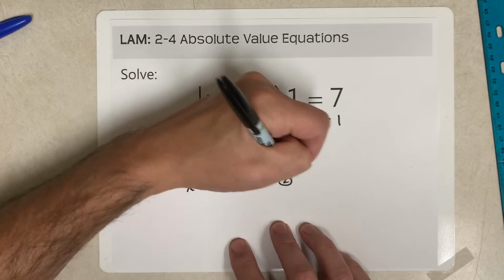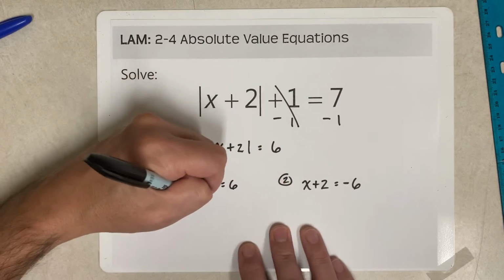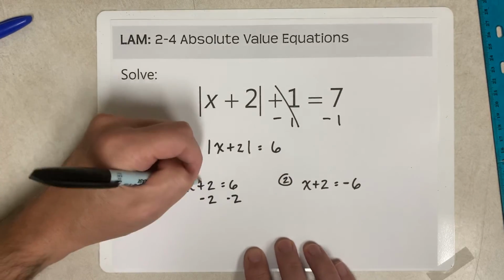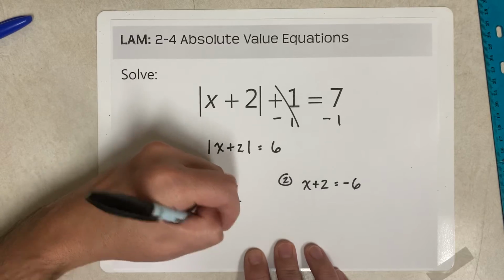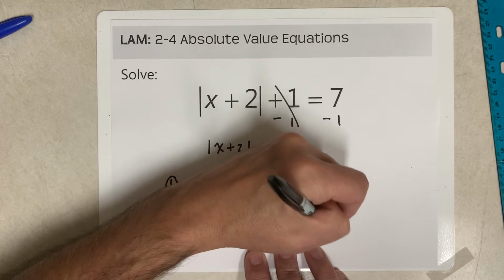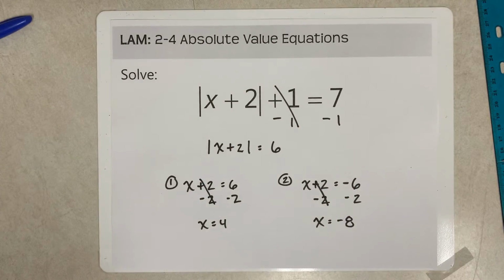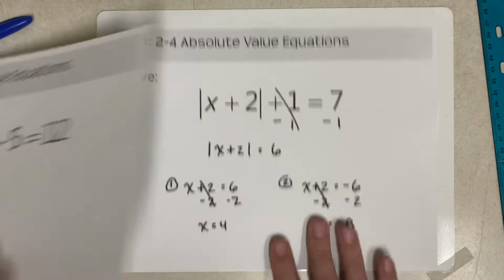And the second one, x plus 2 equals negative 6. Subtract 2, x equals 4. Subtract 2, and all this is routine calculations, x equals negative 8. 1 and 2 step equations we should be very familiar with.